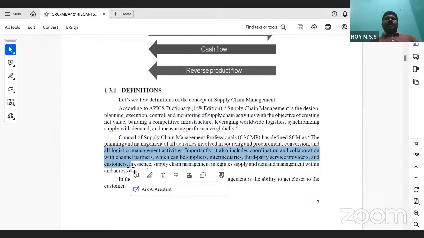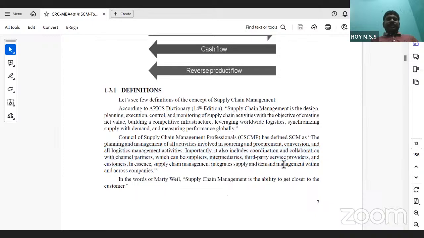Given this definition by the council, we need to look into what they are talking about. Planning of all the activities in sourcing and procurement, converting of the raw materials. Logistics means the movement, whatever product is moved. It talks about the activities.